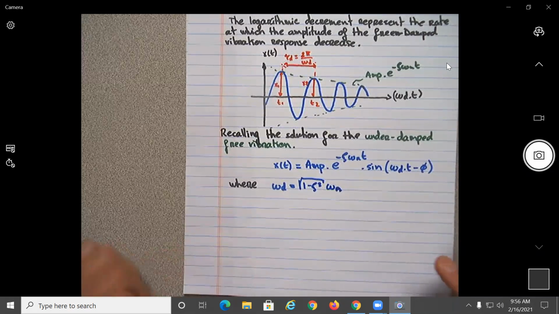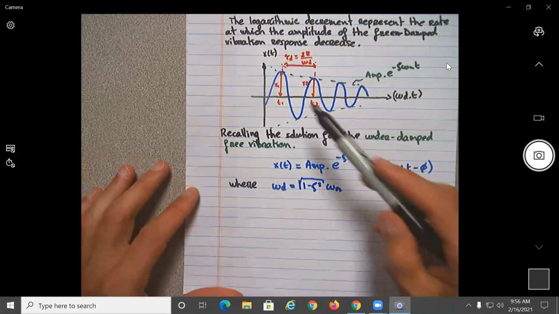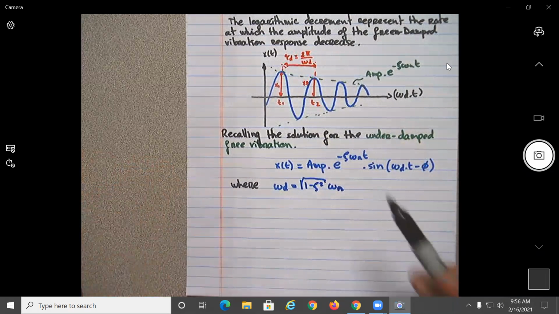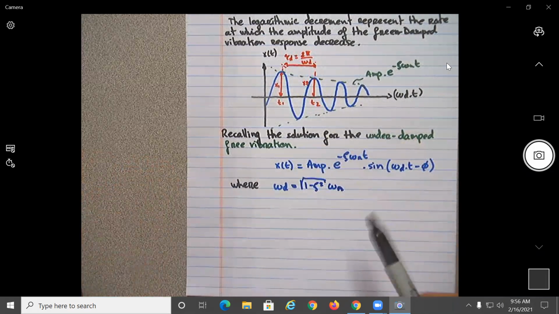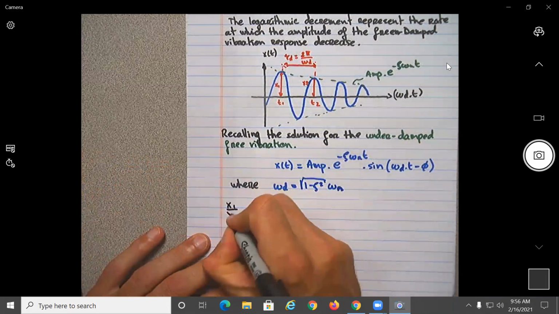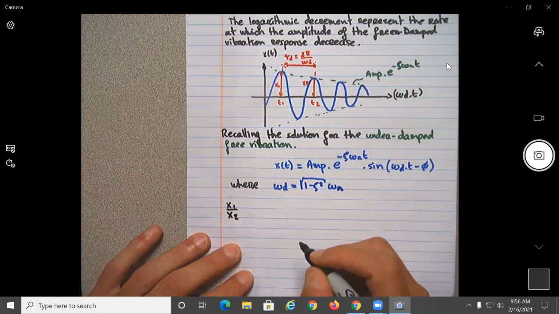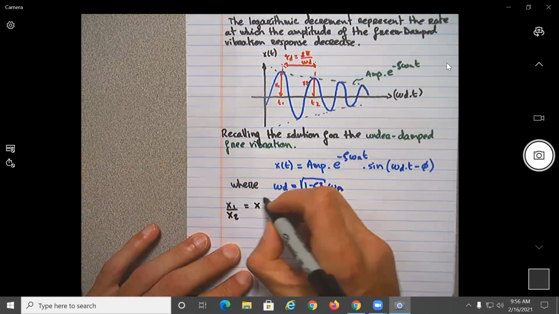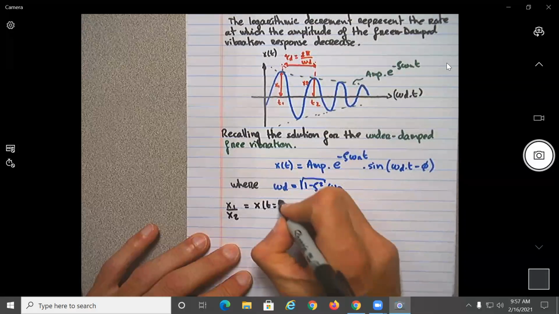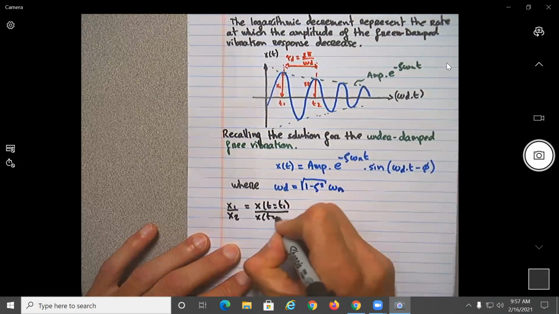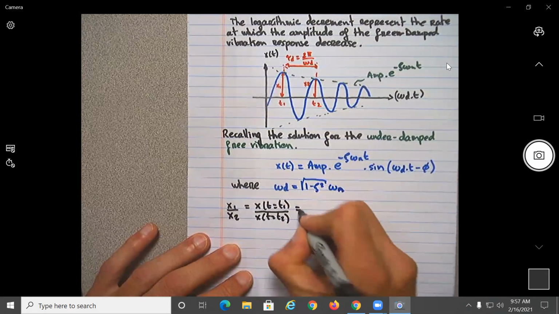Okay, so the procedure is pretty easy. What we need to find out is the ratio of x1 and x2. So basically, the ratio of x1 over x2 is equal to the ratio of x at t equal to t1 over x at t equal to t2.